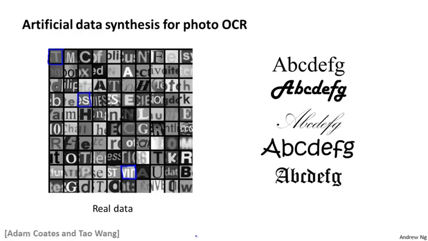So if you want more training examples, one thing you can do is just take characters from different fonts and paste these characters against different random backgrounds. So you might take this alphabet C and paste that C against a random background. And if you do that, you now have a training example of an image of the character C.